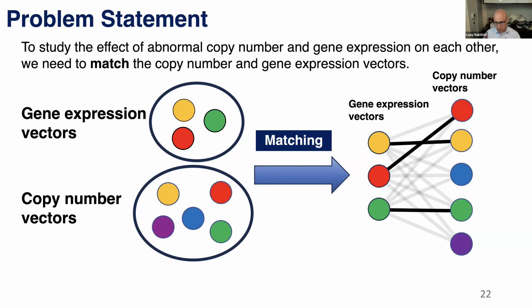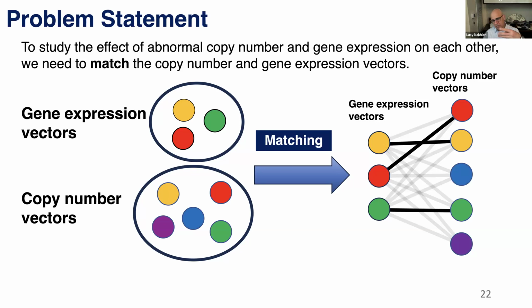Here, for example, on the left-hand side of the figure we have the gene expression. In this cartoon example, we have obtained the RNA data from 3 cells, and on the right-hand side we obtained the DNA from 5 cells.